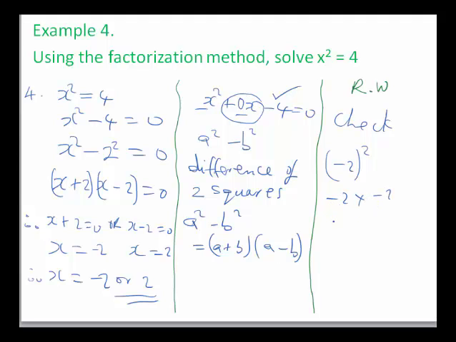Minus times minus is plus. 2 times 2 is 4. So this is positive plus 4. Then the other way around, we have 2 raised to power 2 is 2 times 2, which is what? 4. So this is correct. So with this, you've seen the different ways of solving quadratic equation.